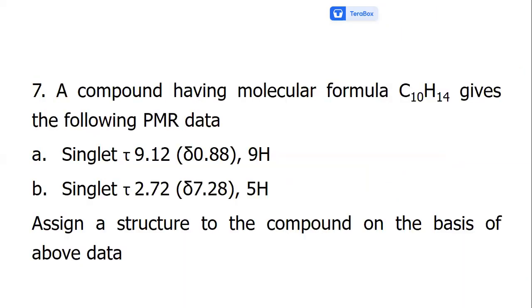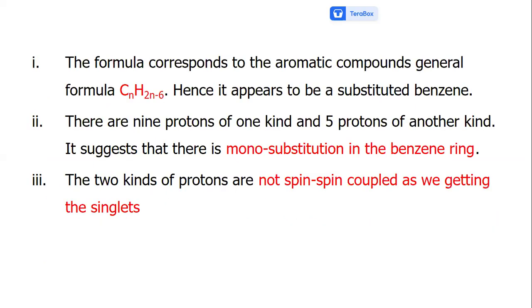A compound having the molecular formula C10H14 gives the following PMR data: singlet, tau value 9.12, 9 hydrogens; singlet, tau value 2.72, and delta value 7.28, 5 hydrogens. In this question, tau and delta values both are given. Assign a structure to the compound on the basis of the above data.